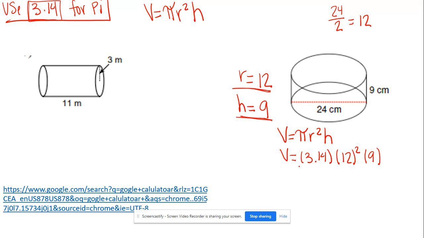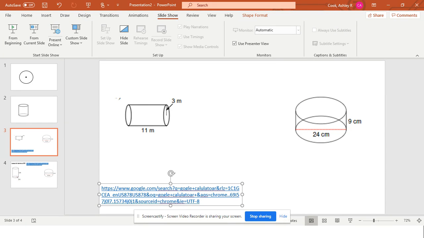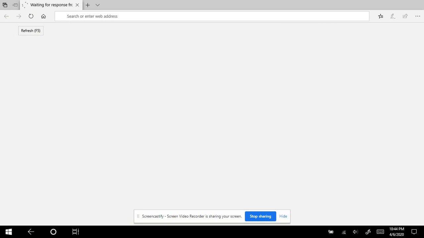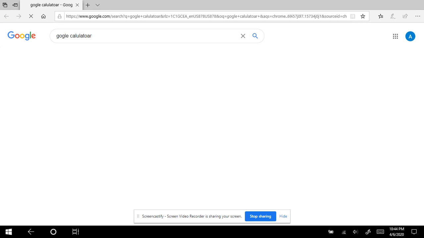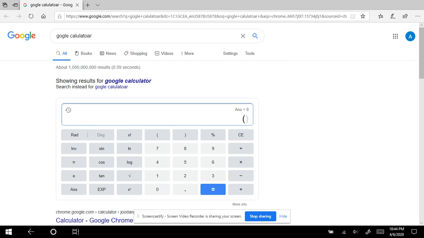Now I'm just going to plug this all into my calculator. So I'm going to show you what that looks like. Let's see if it lets me. So parentheses, 3.14 times my radius, which was 12 squared. See how it gives you that little 2?